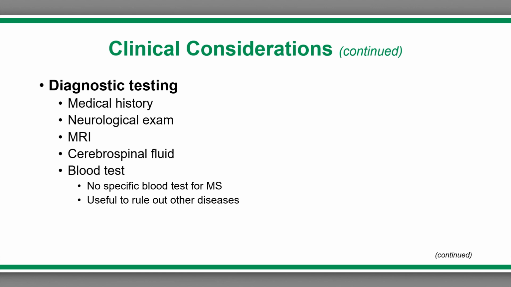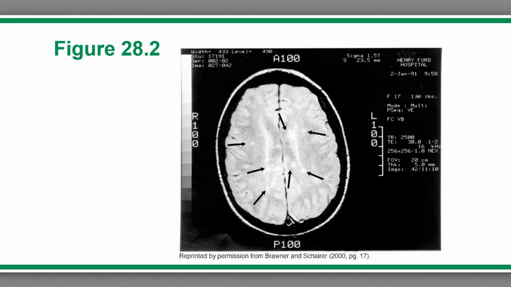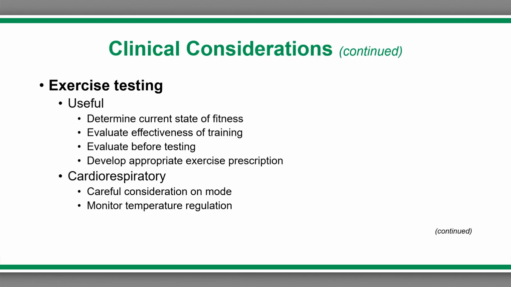So there's a number of diagnostic tests that can be done. An MRI to look for white plaques in the brain, which is pointed out with those arrows. Exercise tests are useful, not always necessary. We're going to evaluate the time of day.